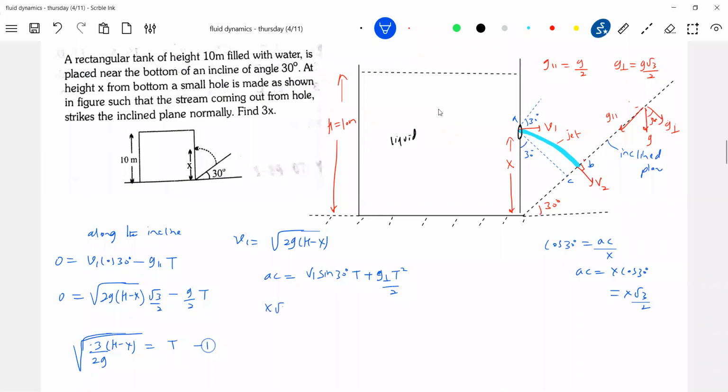Substitute here X root 3 by 2. V1 we know, root of 2G H minus X, times 1 by 2 T plus G perpendicular, G root 3 by 2 T square. So this is equation 2. Substitute 1 to eliminate T, solve for X, you'll get the required answer.